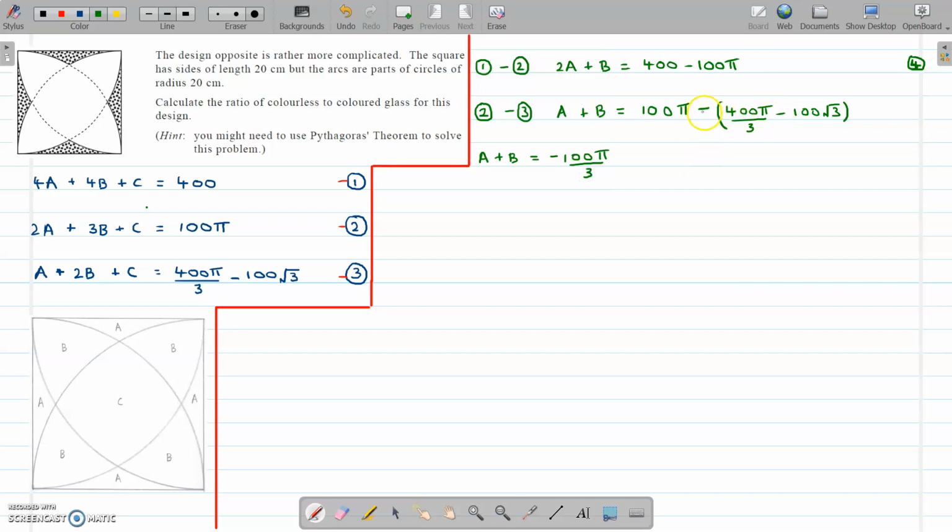And I've also got minus 100 root 3, which is plus 100 root 3. One final thing I'm going to do is swap the 2 terms over so that the minus term is at the end. So it's the same as 100 root 3 take away 100 pi over 3, and that is equation 5.